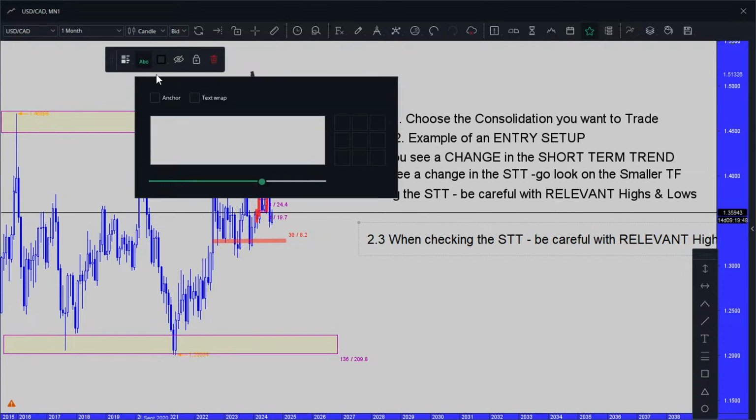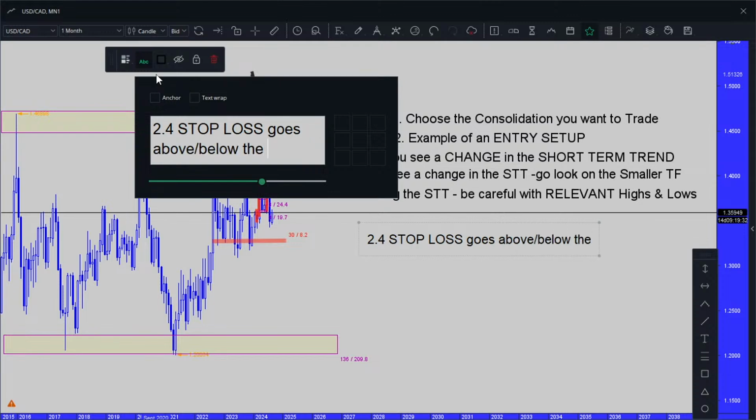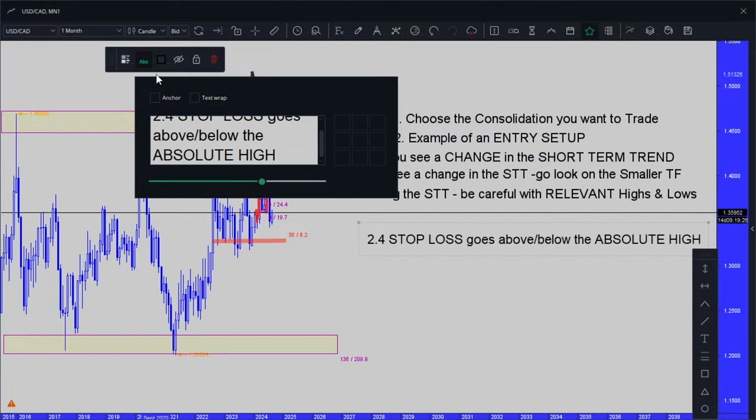Forex and Crypto Course 101, what makes the money? We talked about this on Friday. What makes the money is the appropriate level of the stop loss. So 2.4, stop loss goes above or below the absolute high or low of the consolidation.